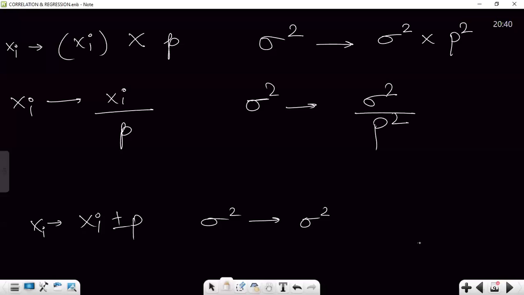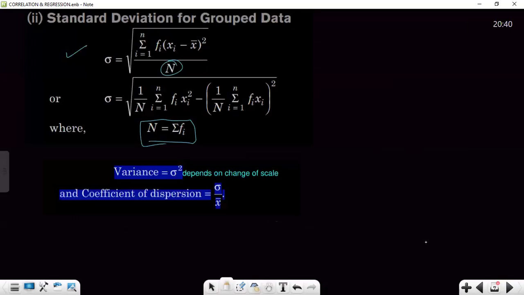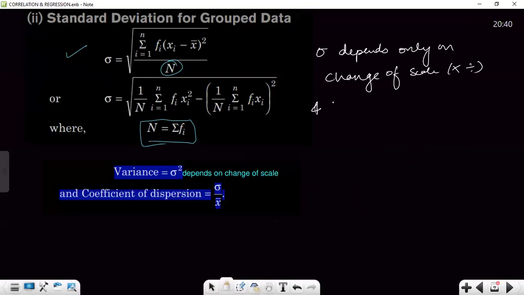Now, if variation is getting affected by the change of scale, then of course standard deviation will also be affected. Yes, it will. So standard deviation too depends only on change of scale, that is multiply or divide, and not on change of origin, that is plus minus.